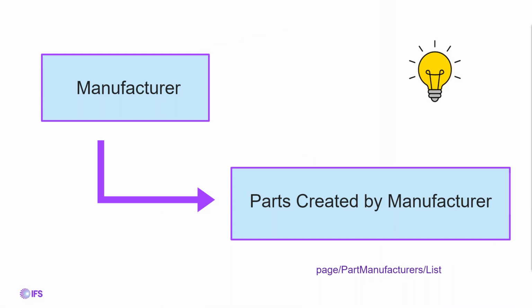So in this example, this is a simple one. Let's say the user wants to see what are the parts created by this manufacturer. So this is a navigation. So we can obviously use this navigation link command to navigate between pages.